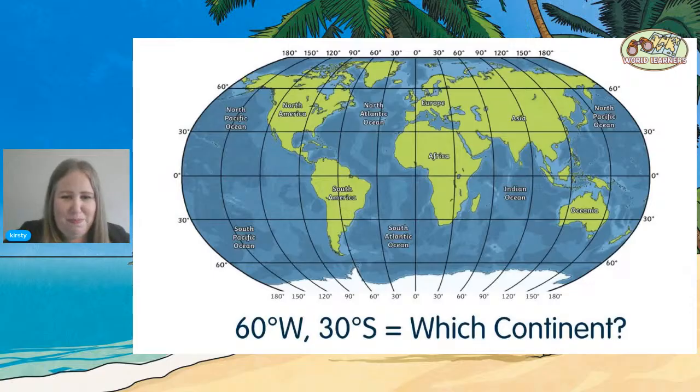Okay, have a little look at this. Can we find the continent? Which continent do we land in? Should we have a bit of a race? See who can land there first.